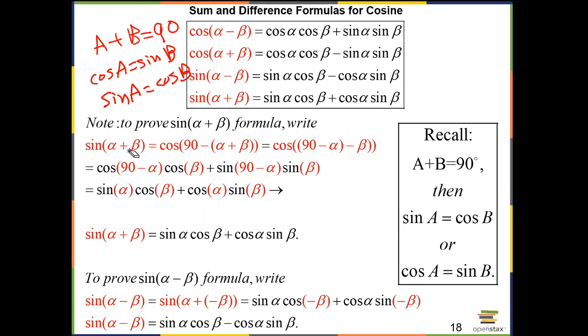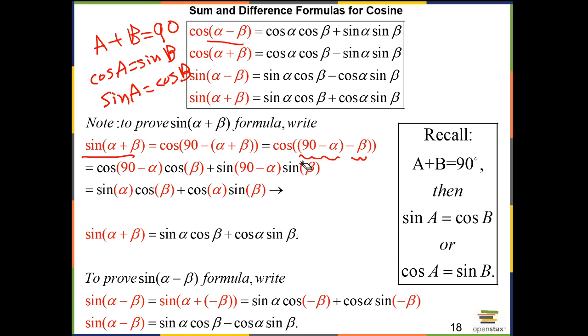So instead of doing this, we can do this, which we know how to do, because if I apply the minus, this would be cosine of 90 minus alpha minus beta. And we know this, an angle minus an angle, right here. That's the formula for it. So it's going to be cosine of the first one times cosine of the second, right?